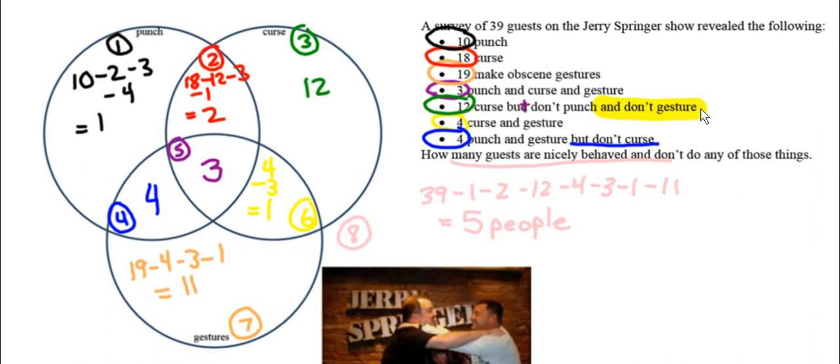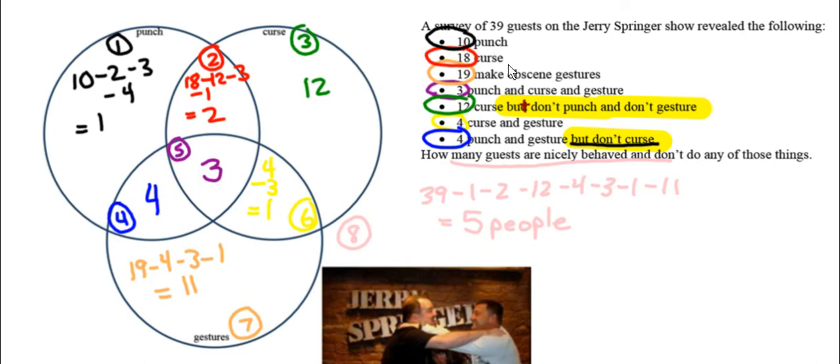They don't gesture. So if they don't do something, and they also don't punch, that says you do not have to subtract the area that's in the punch circle and the area that's in the gesture circle. So that's why for the 12, we did not have to subtract any of these. And for this one, they punch and gesture but don't curse. So that's why for this one, we did not have to subtract the 3, because we did not curse.